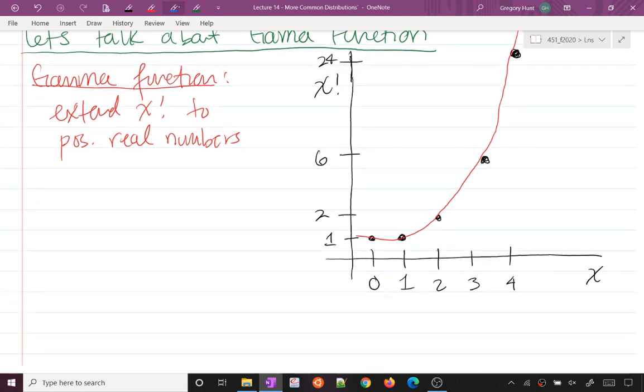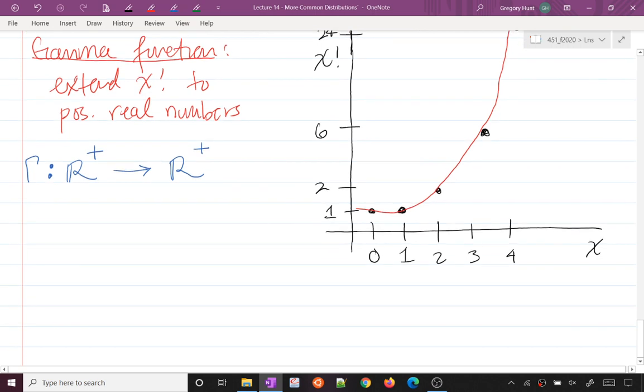So let's look at how it's actually defined. The gamma function, a capital gamma, is a function that takes in a positive real number and spits out another positive real number. The function is defined as gamma of a.